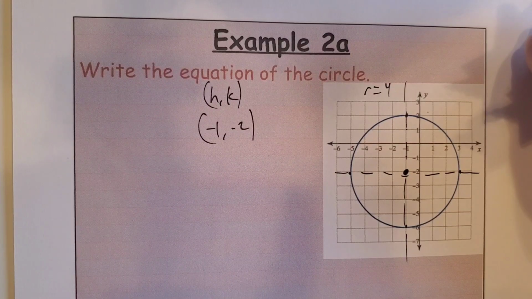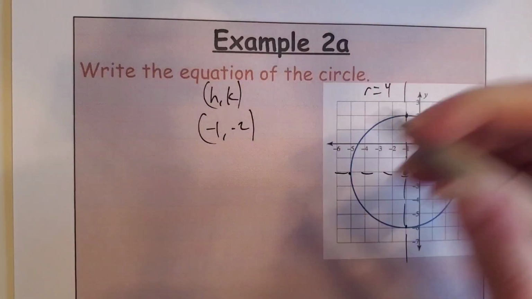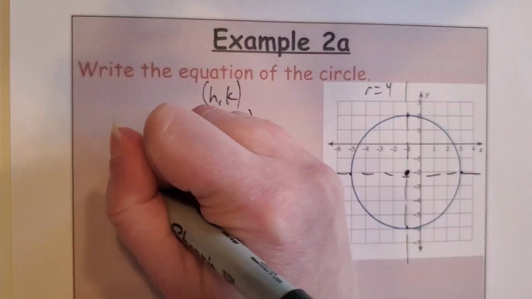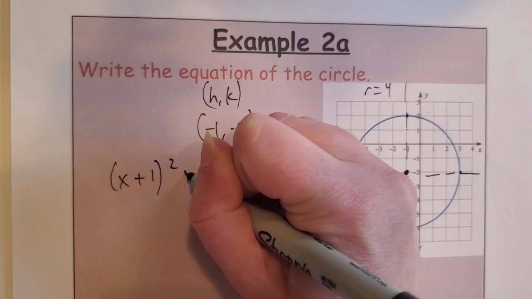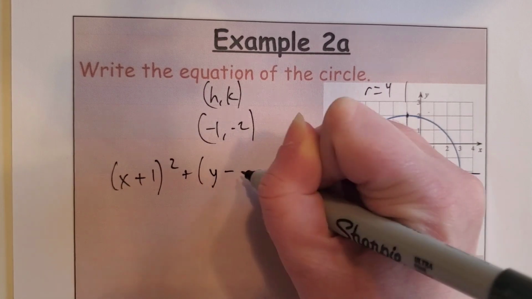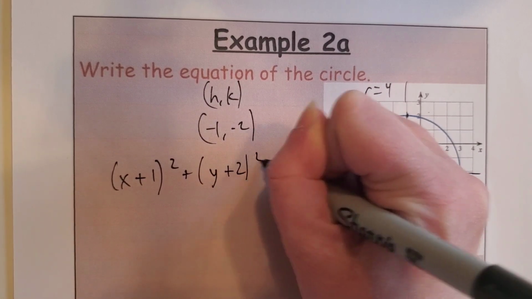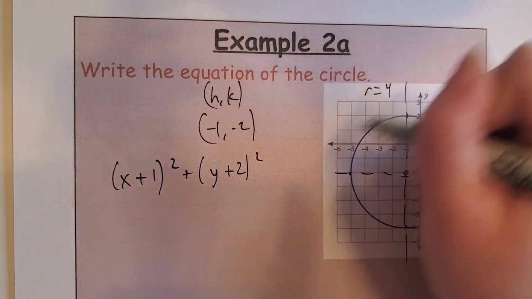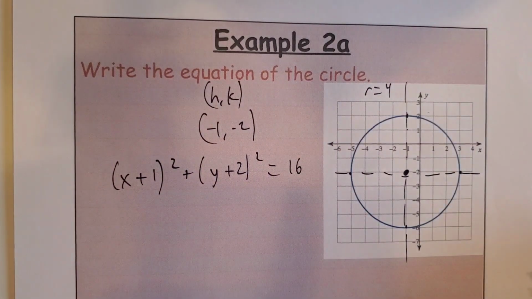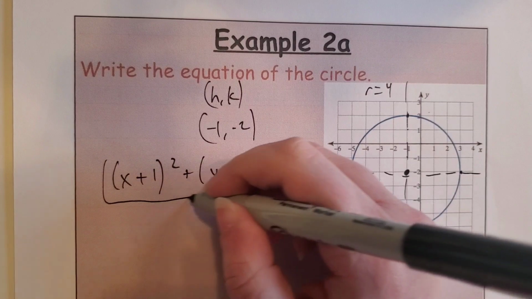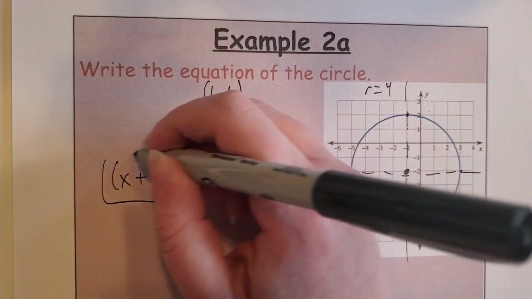And those are all the numbers that you're going to plug into standard form. So x minus -1, so it's +1 squared, plus y minus -2, so it's +2 squared, is equal to 4 squared, which is 16.